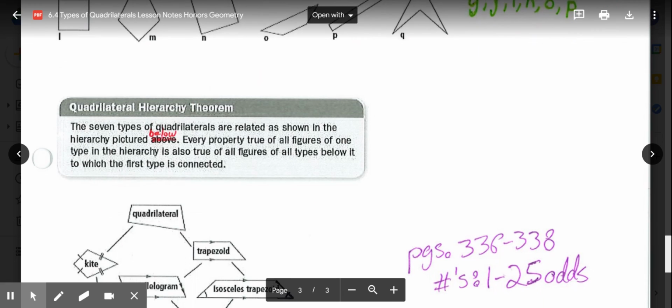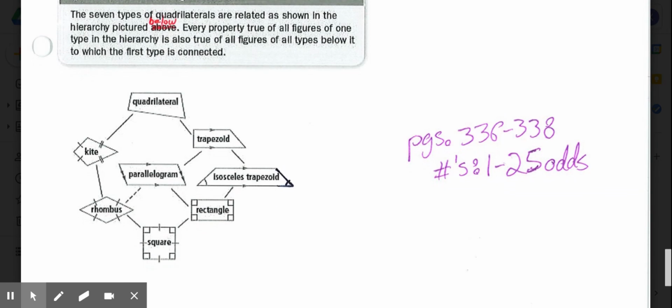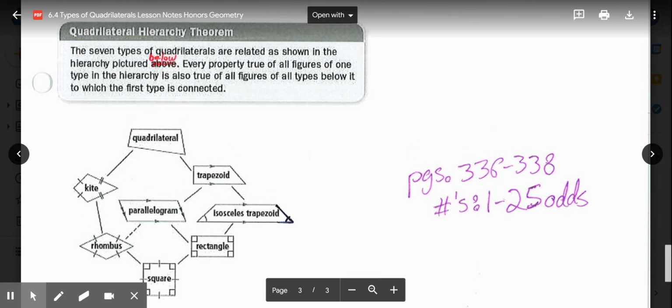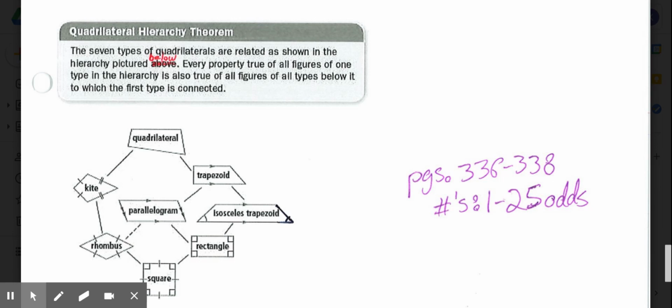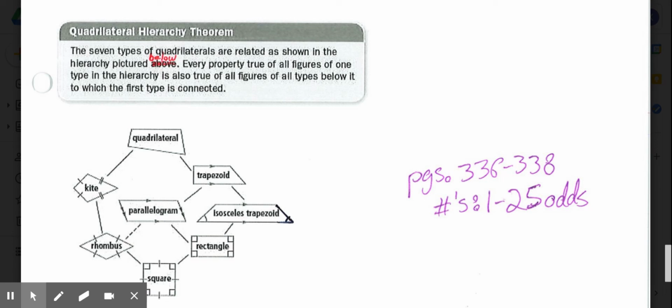So now we get to the final idea of the quadrilateral hierarchy theorem. Based on the 7 types of quadrilaterals that we looked at, they are related, as shown in the hierarchy below. Every property true of all figures of one type in the hierarchy is also true of all figures below that type.